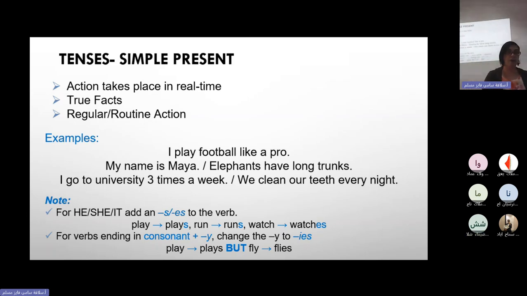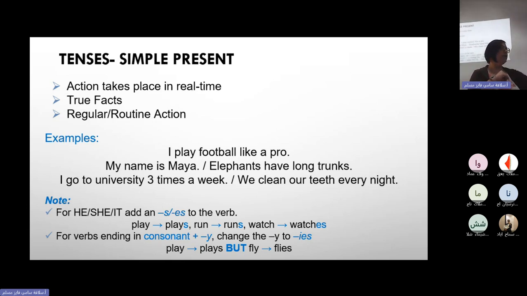Okay? In real time. When we talk about true facts, my name is Sula. I work at Al-Quds Open University. These are facts, okay? These are general facts.